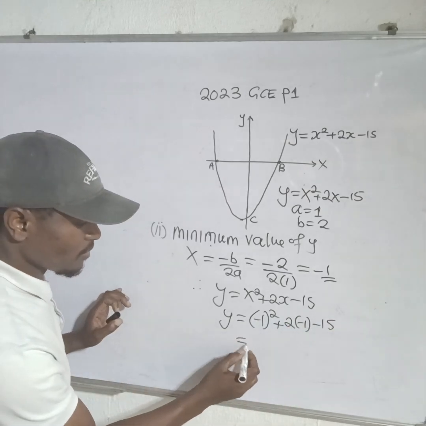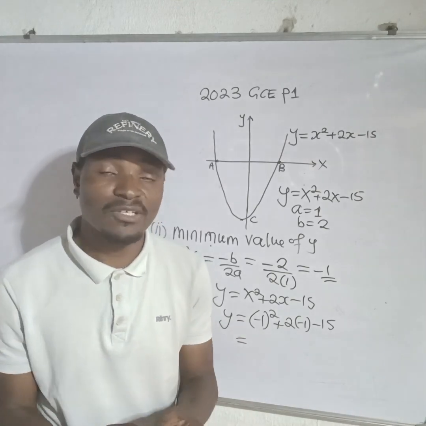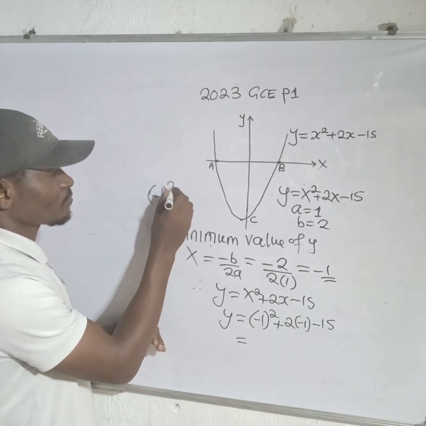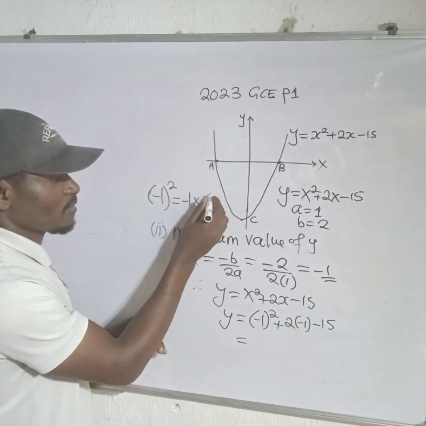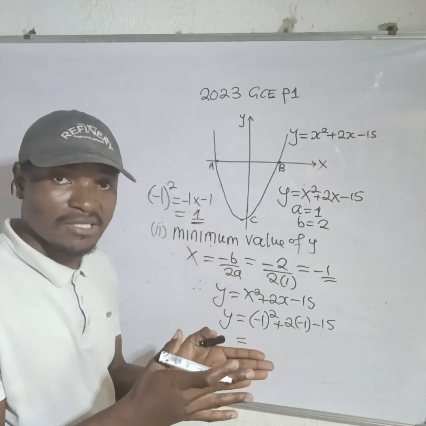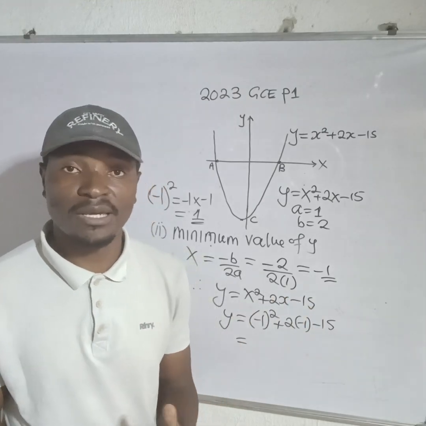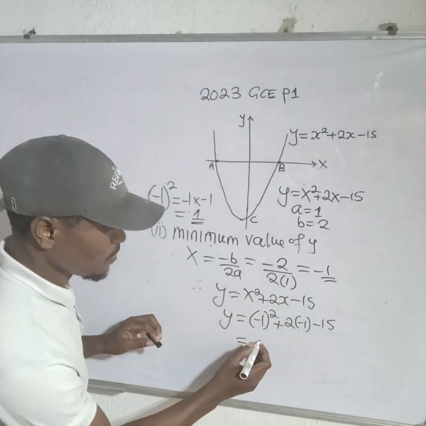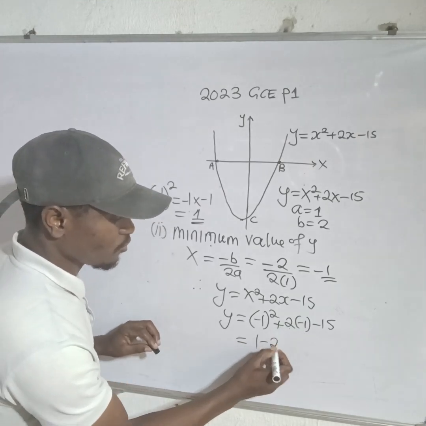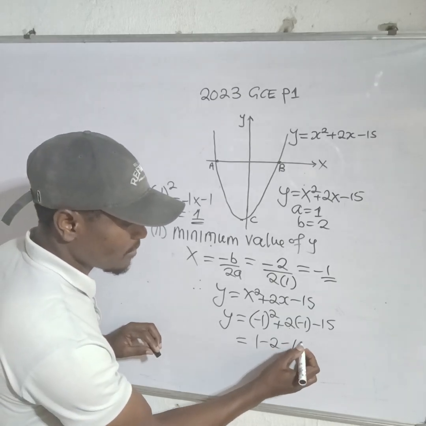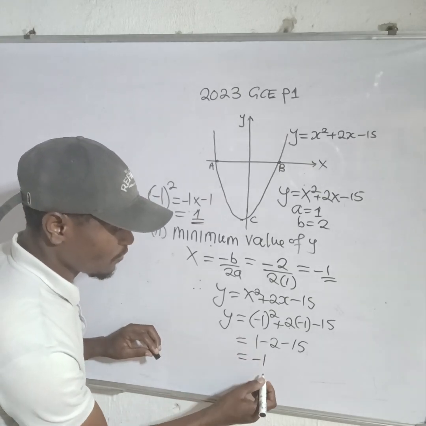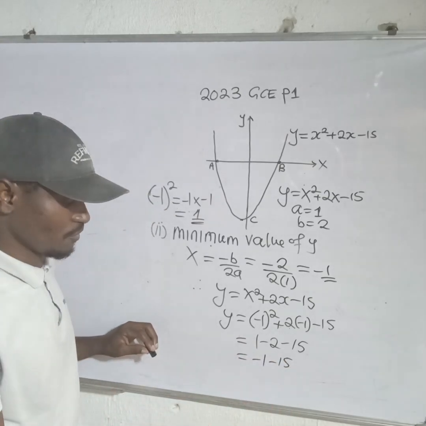Then what is the value squared? Multiplying a negative number by a negative number, we get a positive answer. So this becomes 1. And then we know 2 multiplied by the value is going to be this, and then minus 15. Then from there, what is 1 minus 2? Just negative 1, minus 15.